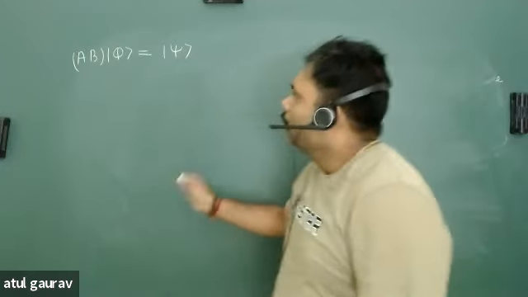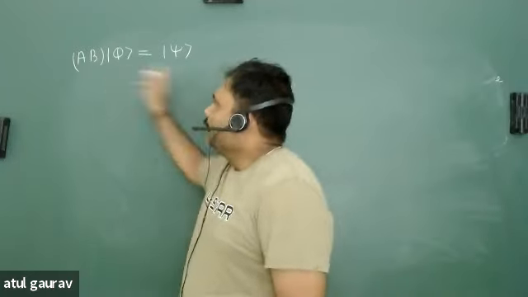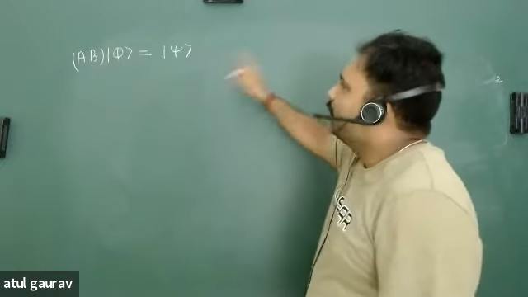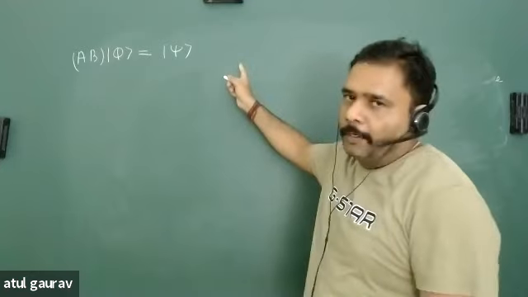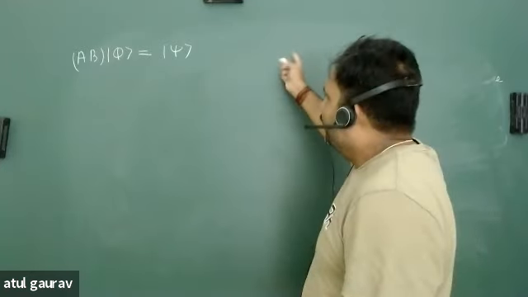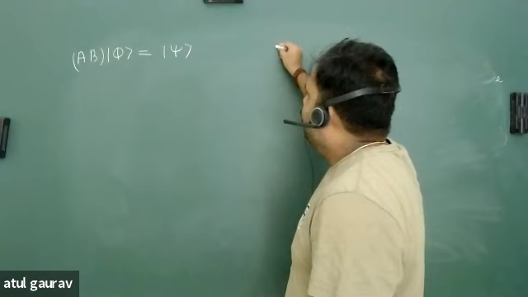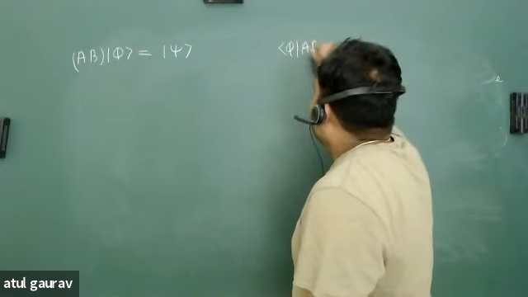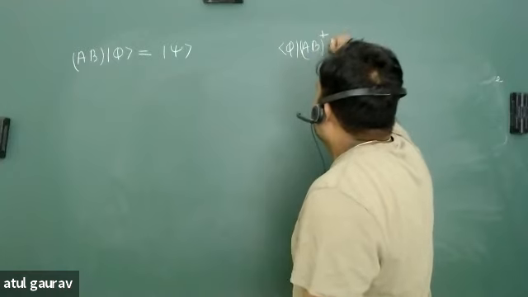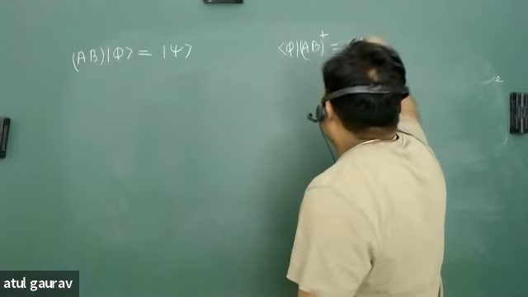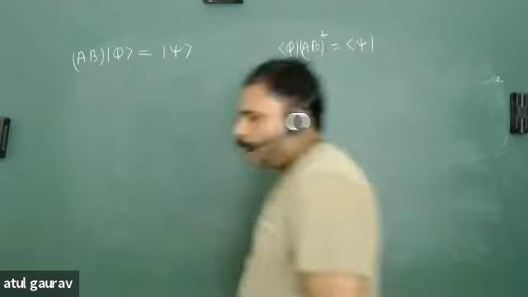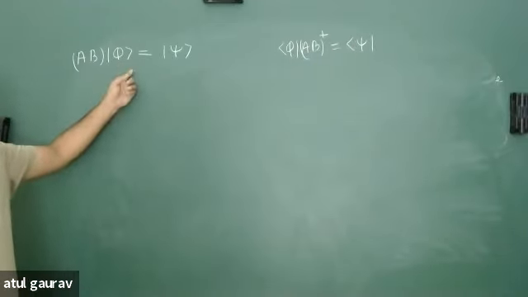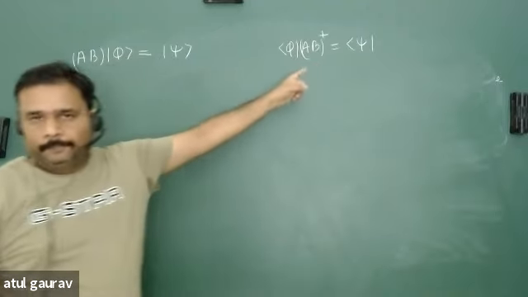Now, if I am writing this statement, can I write the same statement for the bra from my correspondence principle? We can write it for the bra, and that will be: phi AB whole dagger is equal to psi bra. It means that if this holds correct, this must be there.